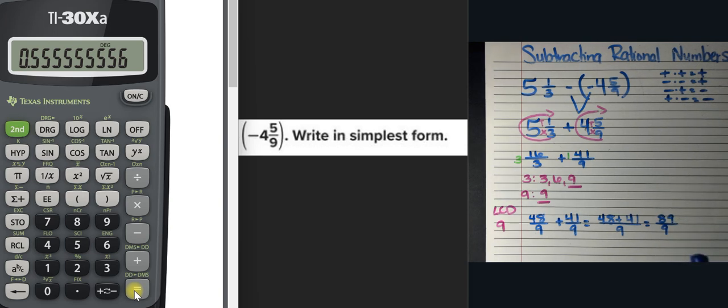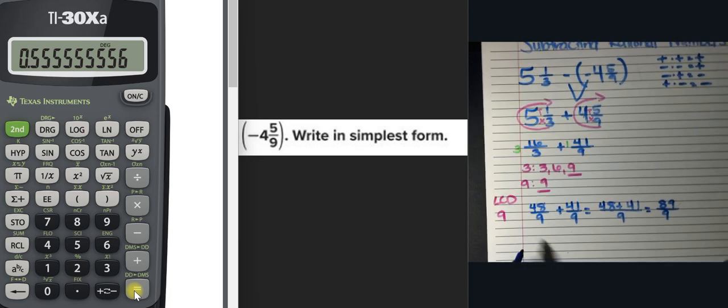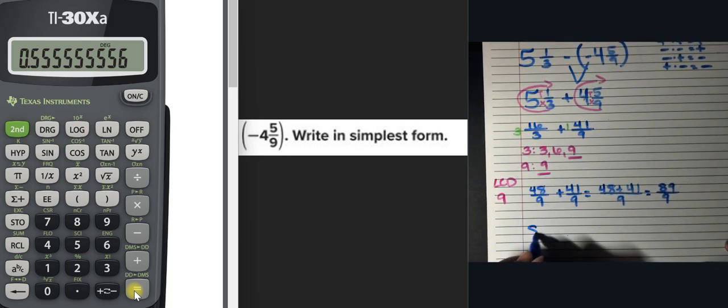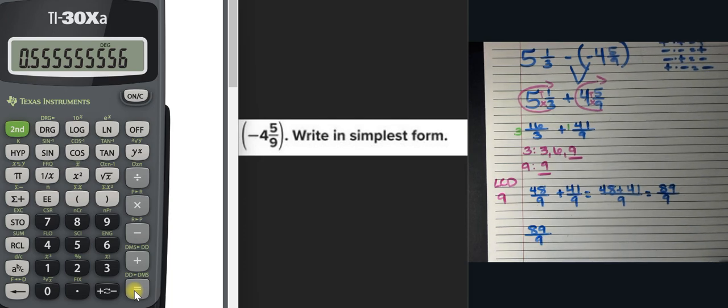So what we're saying is, let's say that I have 89 of something, and I am going to take them out in groups of 9. Well, how many groups of 9 would I have? Well, if we count by nines, 9 times 9 would give me 81. And remember Texas. So we're going to remember Texas as we work through this problem here.